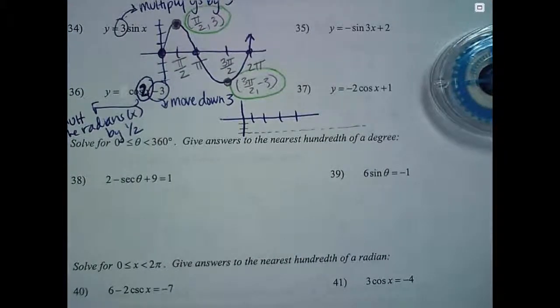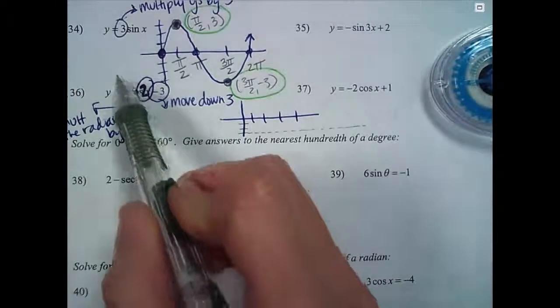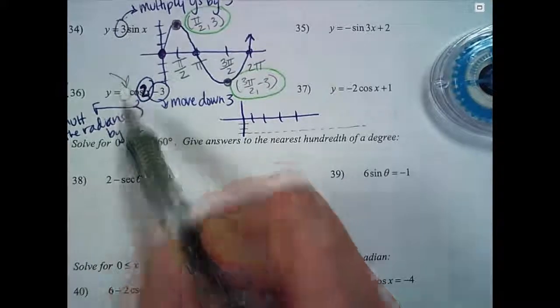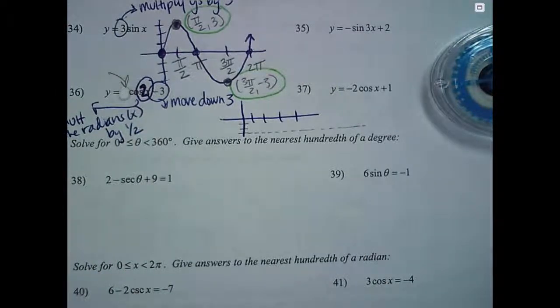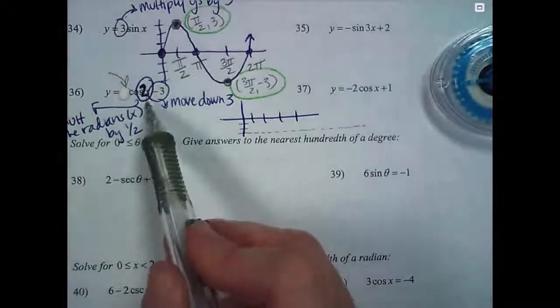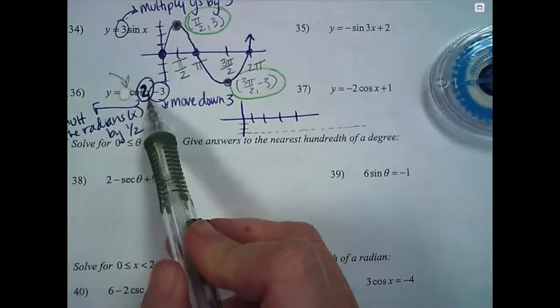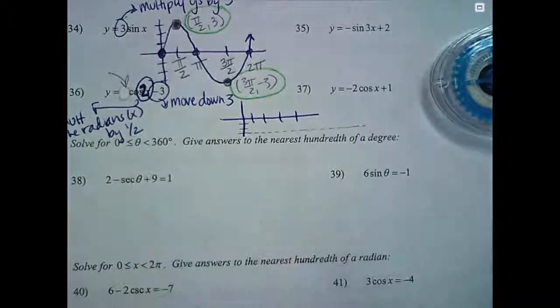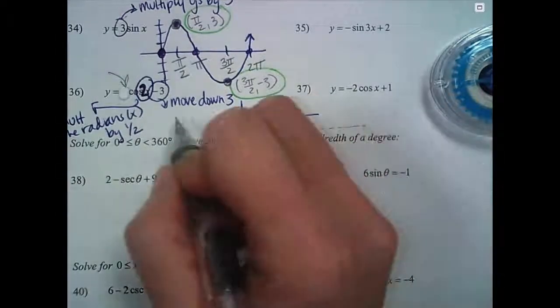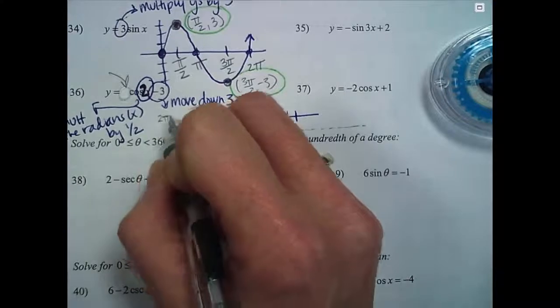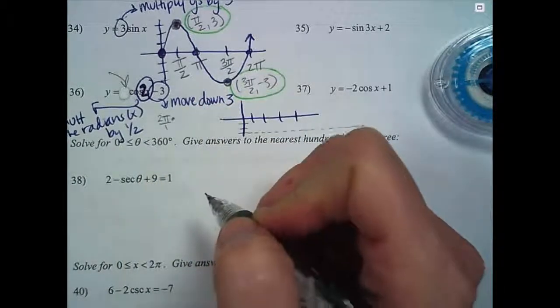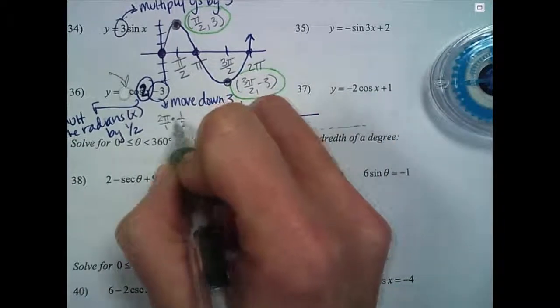So now we have to come up with our new marks. Did we stretch it up and down any? No, we didn't. There's no number in front. I erased it. There's no number in front here. Okay, so we don't have to deal with that. But this does affect the x, right? So we multiply all the radians by 1/2. Now, normally what we have is 2 pi. So we take 2 pi, and what are we going to multiply by? Do you remember? 1/2, which comes up with pi.